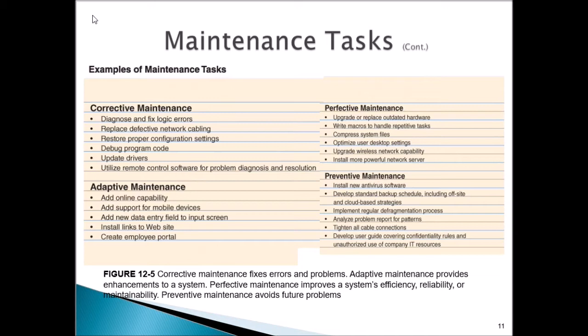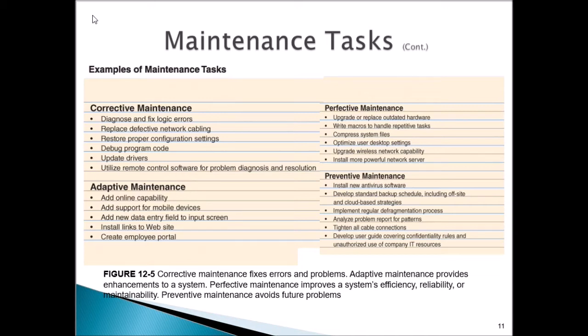So let's take a look at some examples of our maintenance tasks. And these are the 4 different types of maintenance tasks that we mentioned. There's corrective maintenance. This is going to be to fix logic errors and diagnose them, replace defective cabling, correct or restore configuration settings, debug program code, perform some driver updates, utilize remote control software for problem diagnosis and resolution, and what have you.